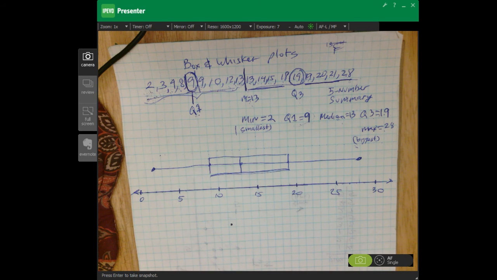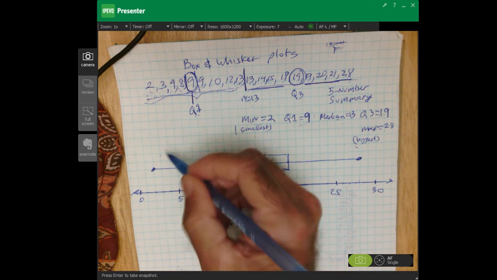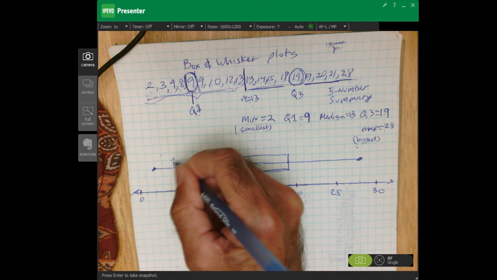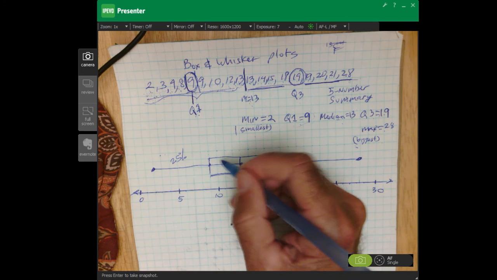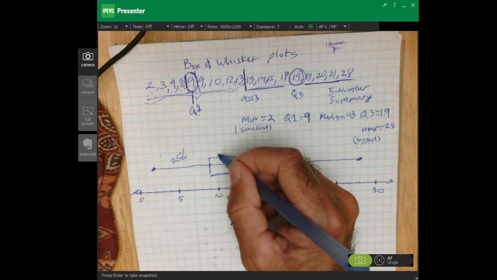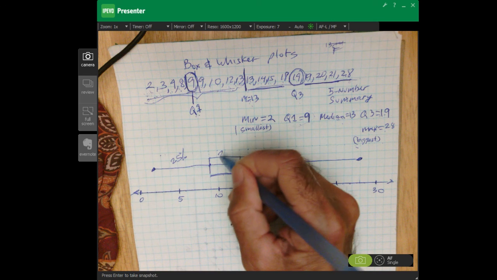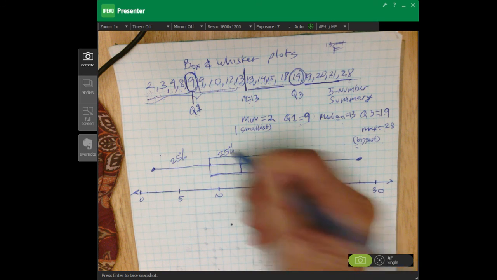Okay? Now when you do this, in the first quartile, there will be 25% of the data. In the second quartile, 25% of the data.